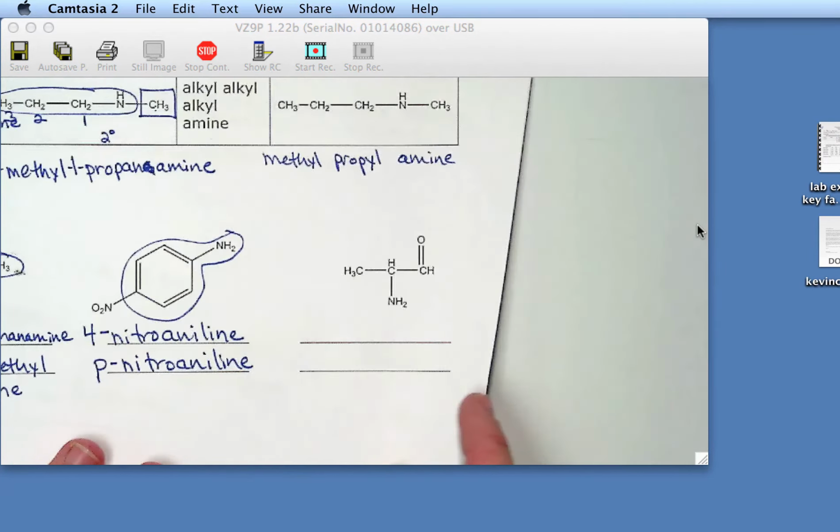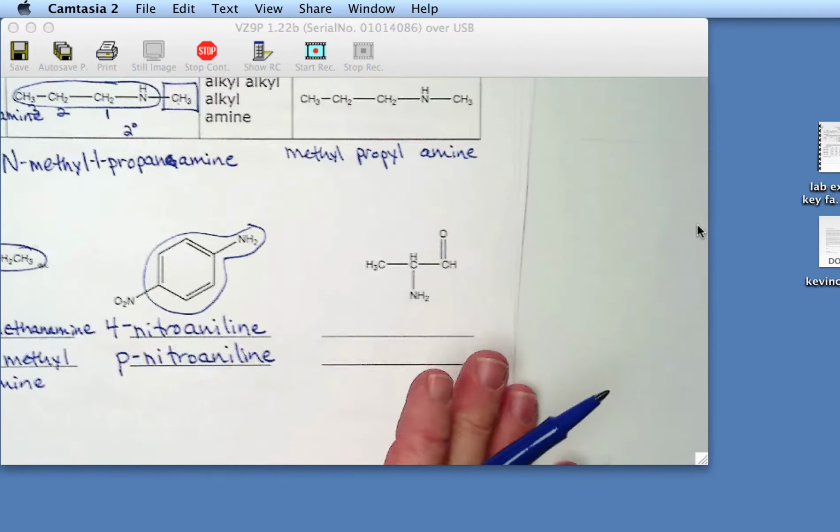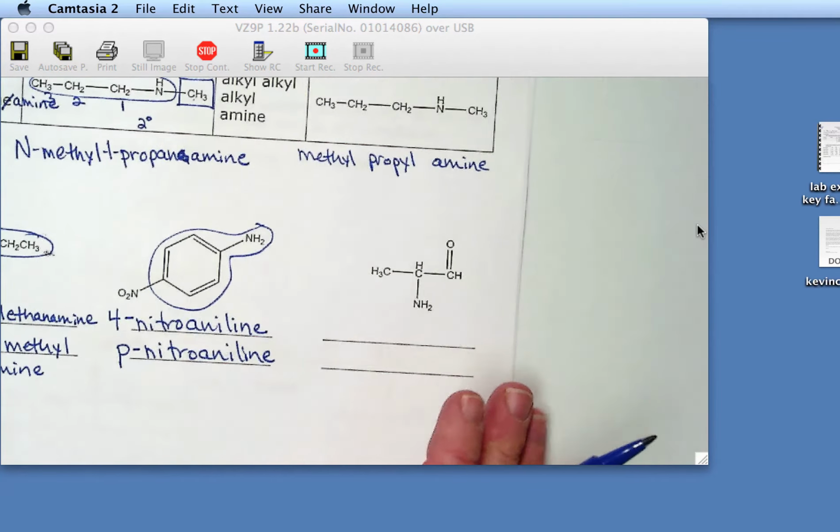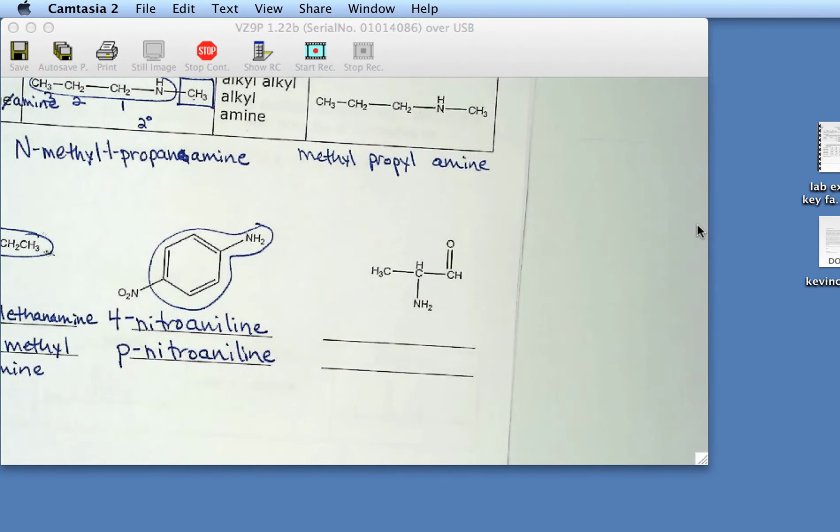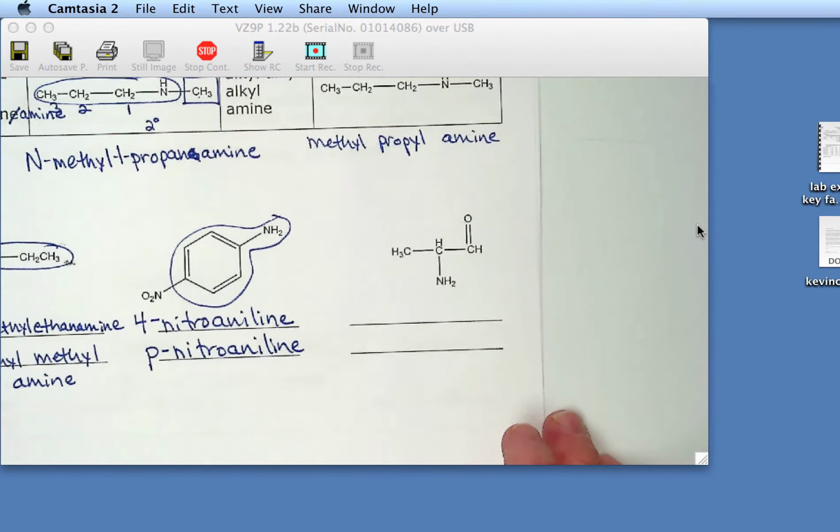Oh no, what did I do to you guys right here? Is that an aldehyde at the end? Yeah, that's an aldehyde. An aldehyde and an amine. What do you do here? No reaction.